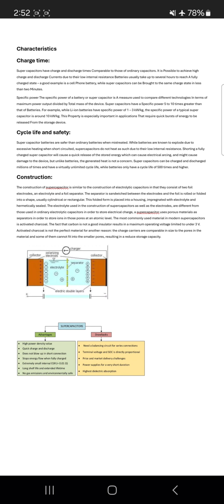The fact that carbon is not a good insulator results in a maximum operating voltage limited to under 3 volts. Activated charcoal is not the perfect material for another reason. The charge carriers are comparable in size to the pores in the material, and some of them cannot fit into the smaller pores, resulting in reduced storage capacity.